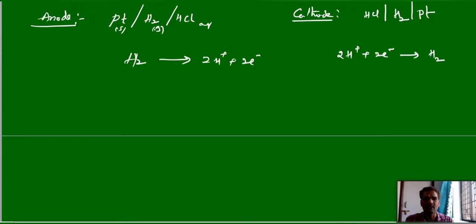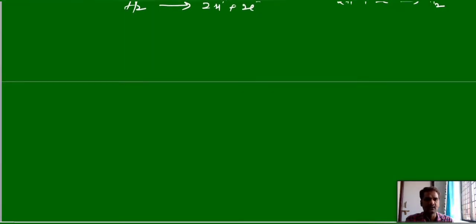For measuring electrode potential values, this is one of the half cells. It is not the complete cell, and this half cell is connected to another half cell whose electrode potential is to be measured. Let us take one example here. If I want to measure the electrode potential of zinc, then zinc can be taken as an anode.